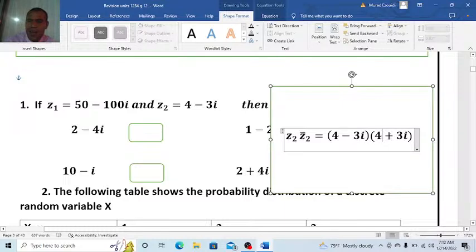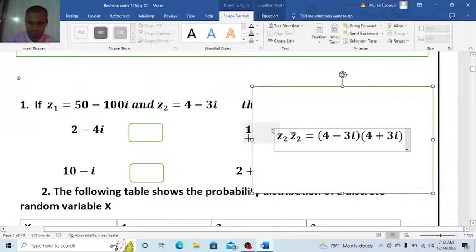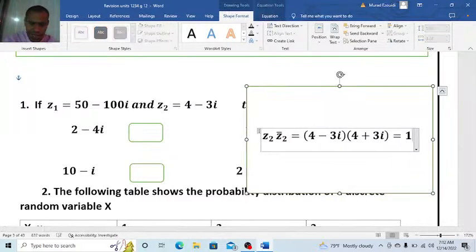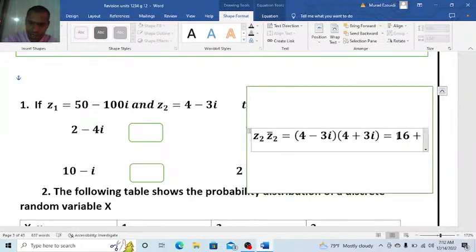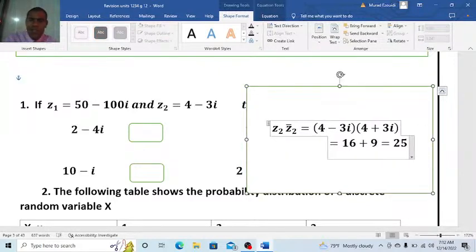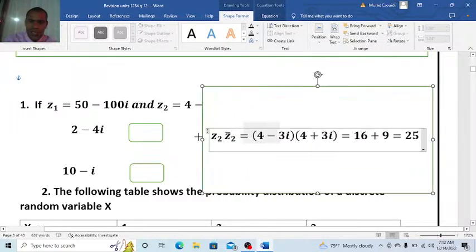Then negative 3i multiplied by positive 3i gives negative 9i squared. But i squared is minus 1 and there is a negative sign, so it is equal to 16 plus 9, which is equal to 25. Therefore, this is my equation.